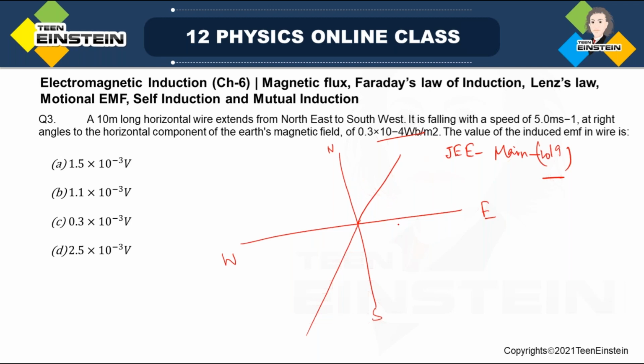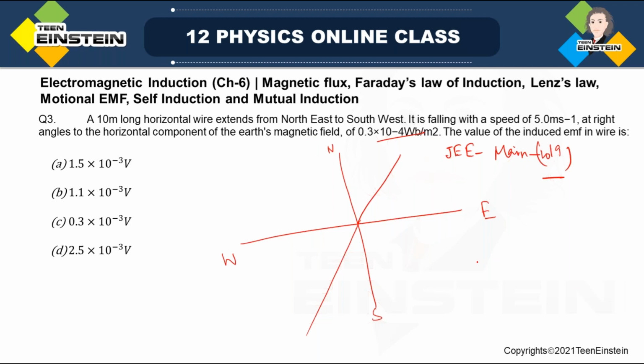So in this case, the wire is falling with speed at right angles to the horizontal component of the Earth's magnetic field.